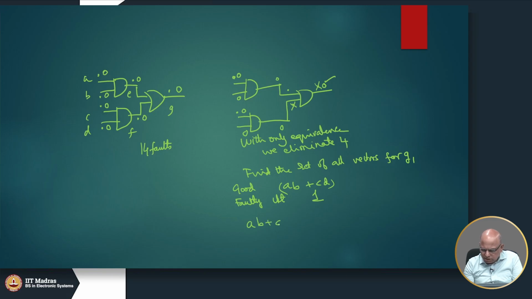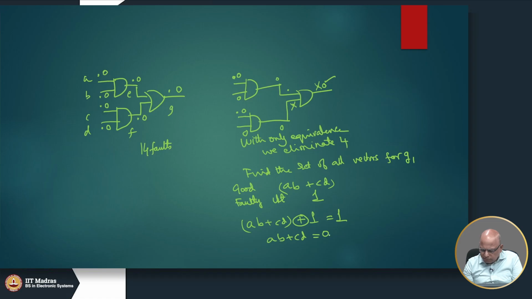So, AB plus CD XORed with 1 should be 1, or AB plus CD should be equal to 0. As long as AB plus CD equals 0, we have detected this fault.